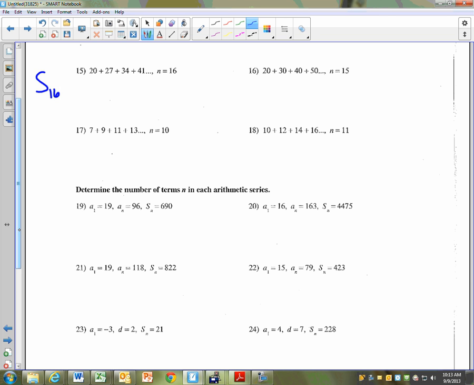The sum of the first 16 is equal to 16, my n, times the first term, you guys are right, 20, plus the last term, divided by 2. So I have to figure out what that last term is. Does anybody have an idea how I would find that last term?